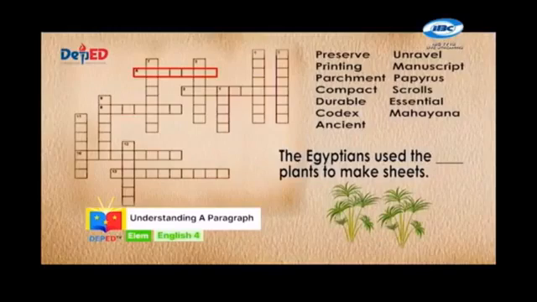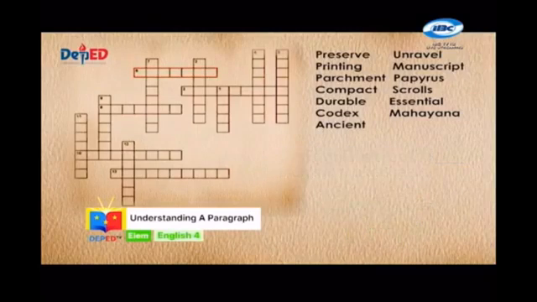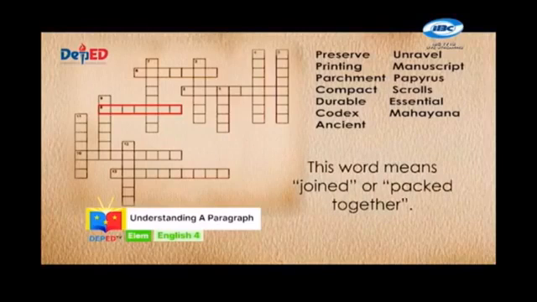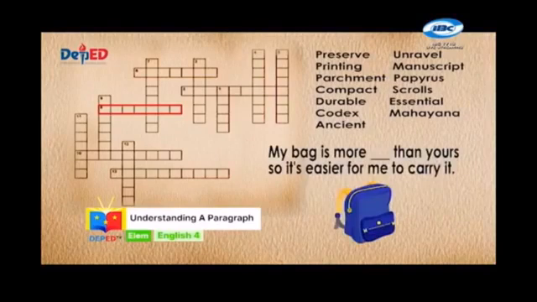The Egyptians used the plant to make writing sheets. Number 8. 7 letters. This word means joined or packed together. My bag is more than yours, so it's easier for me to carry it.